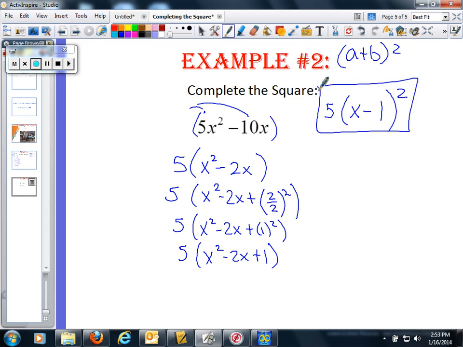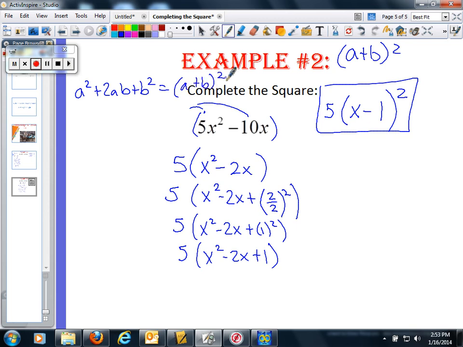I'm going to go ahead and write the other half of this equation. No, sorry. So this is a squared plus 2ab plus b squared equals (a plus b) squared.